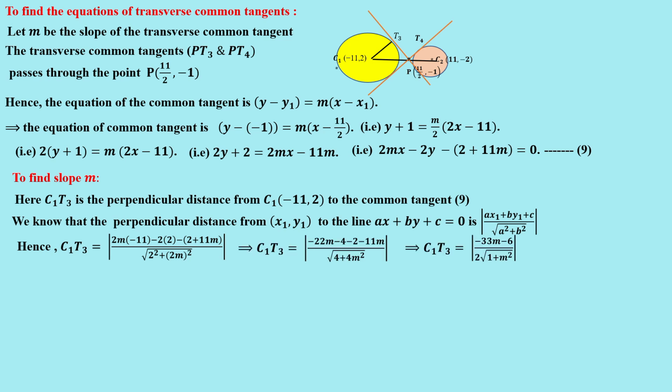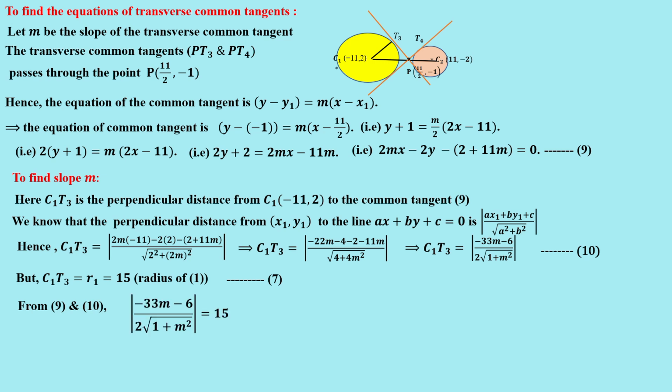So you will get C1T3 is equal to minus 33m plus 6 by 2 into root of 1 plus m square. That is equation number 10. C1T3 is nothing but the radius of the first circle, that is R1, which is equal to 15. That is the 11th equation, already there as equation 7, right? So from these two equations, 10 and 11, the number is wrong, so you take it as 11, not 9 and 10.